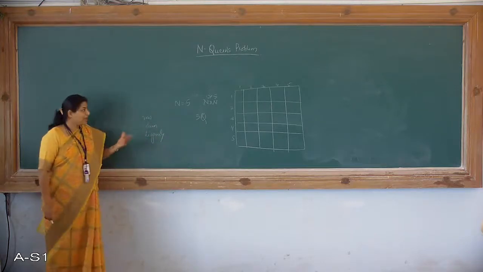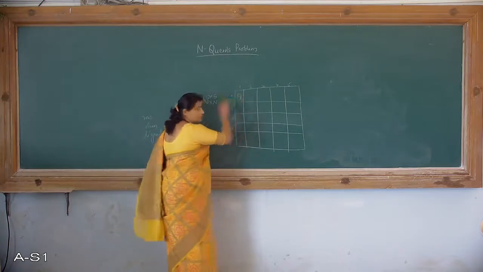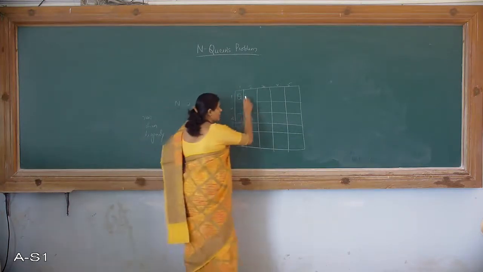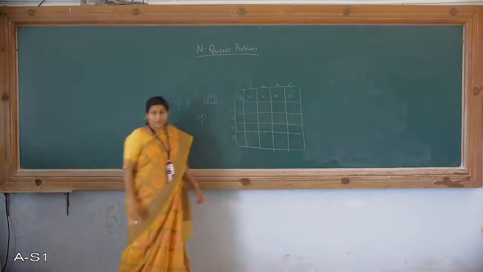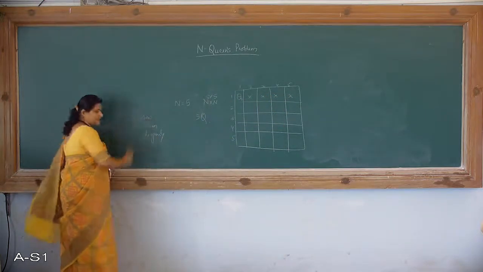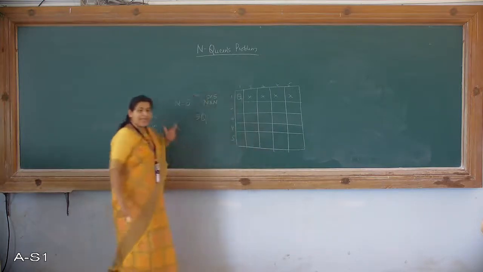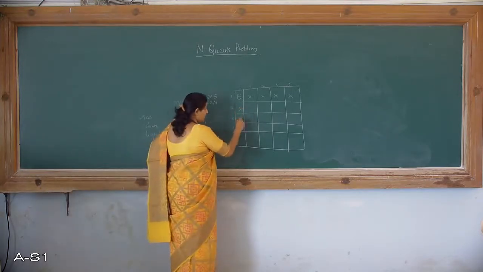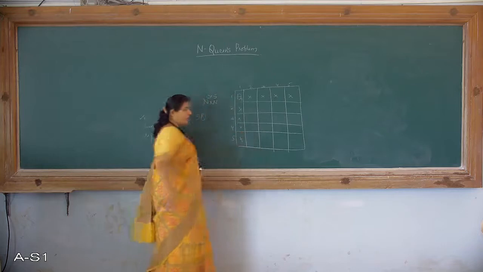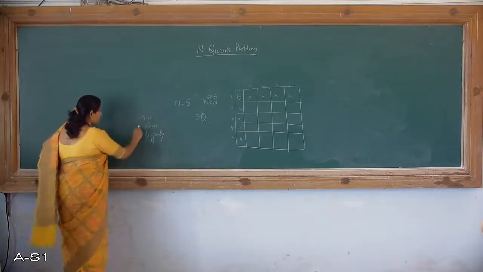Meaning, if I place my queen 1 here, I cannot place any queens in this row. That is rule number 1. And I cannot place any queen in the entire column, so I cannot place any queens here. That is my rule 2.